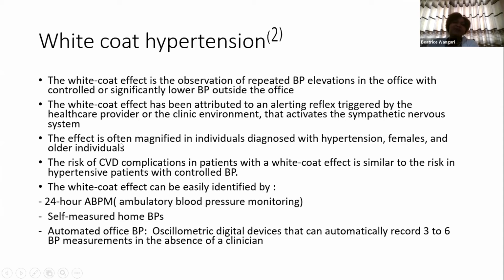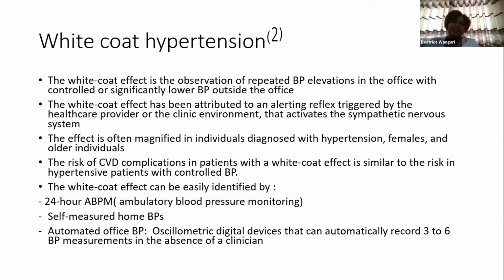It tends to be more common in people who are already diagnosed with hypertension and in older individuals. But data has shown that the risk of cardiovascular complications in patients with a white coat effect is basically similar to the risk of hypertensive patients who have controlled BPs.